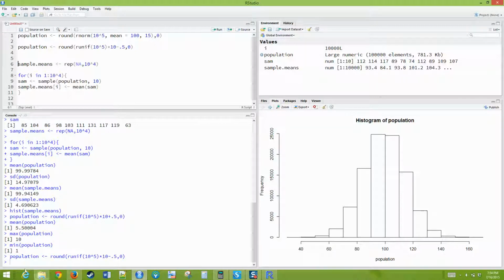Okay, so I think for here, let me create a histogram of population, and it might be just off by a tiny bit.